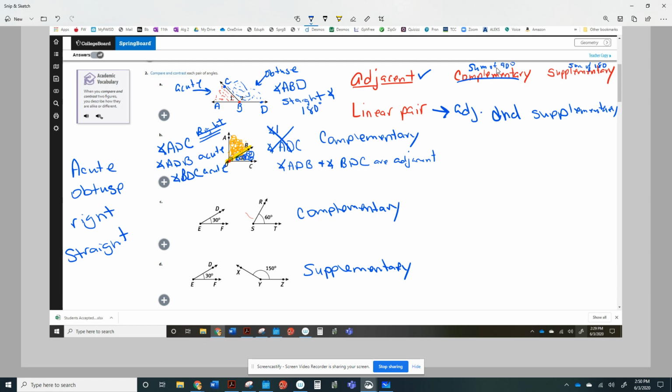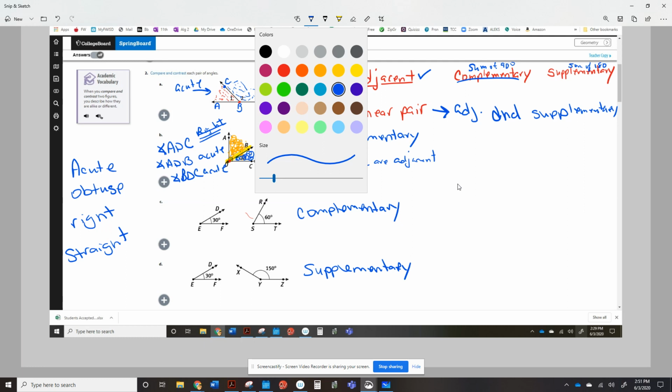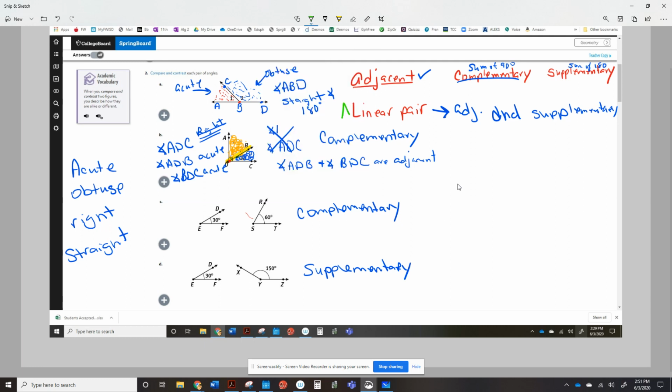All of those vocabulary words need to be at the tip of your tongue. Okay, I mean, you look and recognize. Okay, so the one that's missed the most, this one right here, I don't know what happens to poor linear pair, but linear pair is the one that gets left off the most.